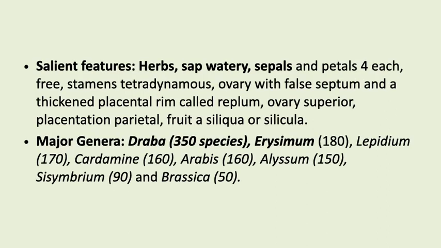The salient features of this family are that it has mostly herbs. The sap is watery, sepals and petals are four each, free, stamens are tetradynamous, ovary is with a false septum and a thickened placental rim called replum.